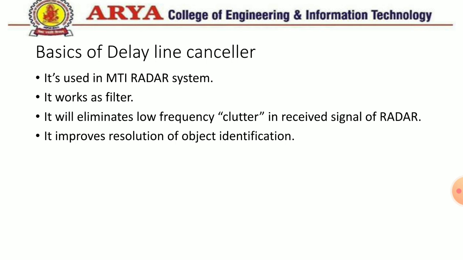Usually when we have a moving target indicator, we connect the delay line canceller just before the display, and by having this we can have improved resolution of object identification. So this is about the basics of the delay line canceller. Now let us move further.